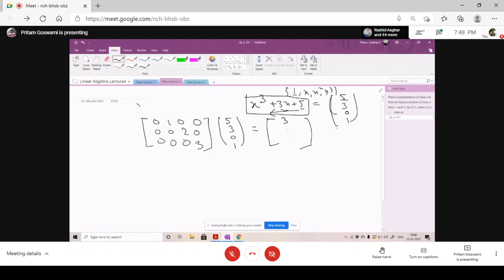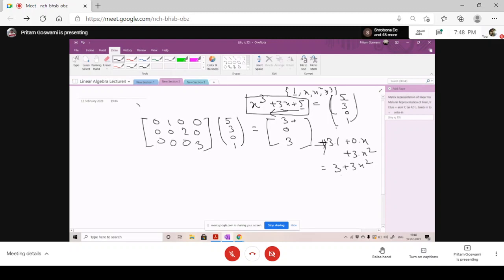After that, 0. After that, 3. Look now, 3, 0, 3, which polynomial is it? The constant term 3 into 1 plus 0 into x plus 3 into x square. This is nothing but the polynomial 3 plus 3x square.